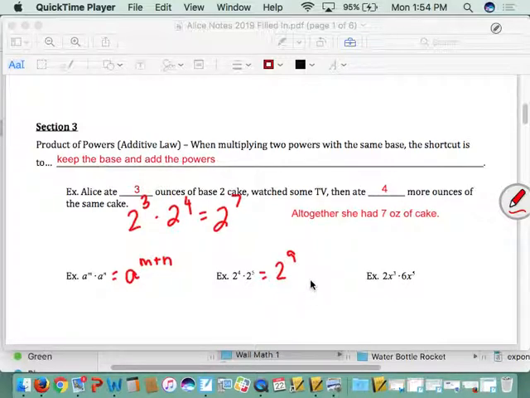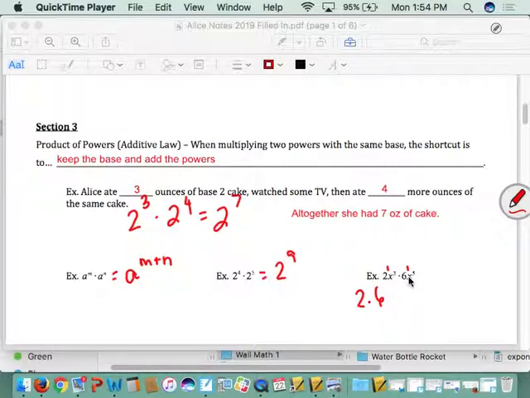And on this last example here, I want you to understand that, again, 2 has a power of 1, and the 6 has an exponent of 1. 2 and 6 are not exponents. They are not bases. They are coefficients. So the 2 and the 6, they move out front, and they are multiplied times each other. And now the base, the type of cake Alice is eating, is x.